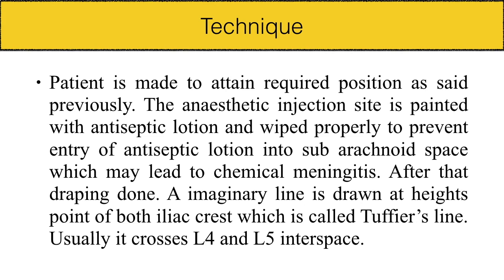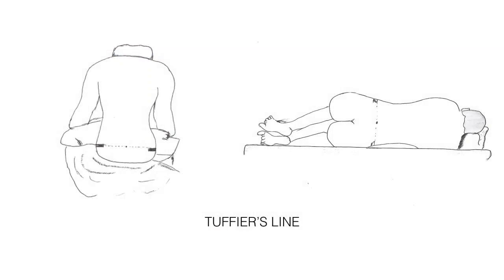An imaginary line is drawn at the highest point of both the iliac crests, which is called Tuffier's line. Usually it crosses the L4 and L5 interspace. You can see here in this figure.